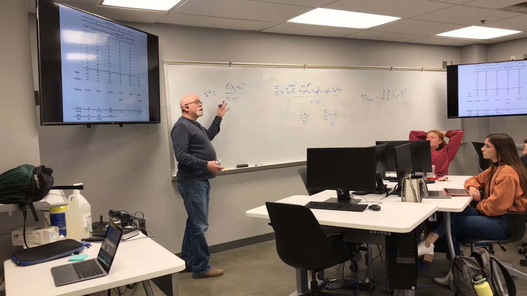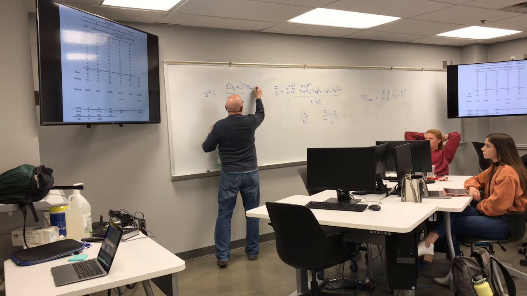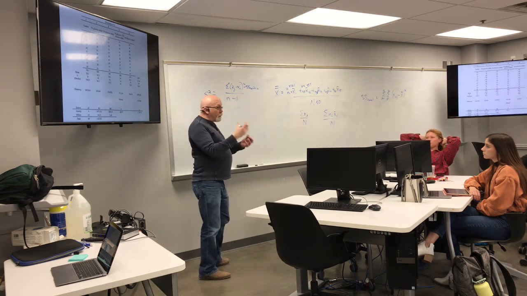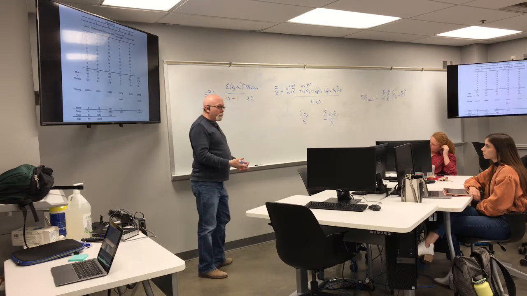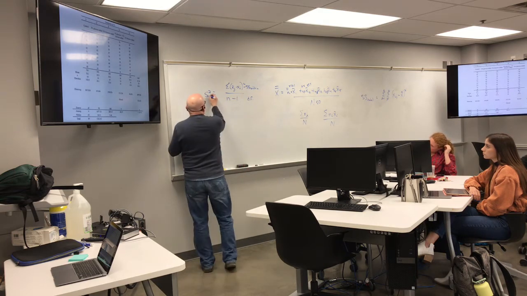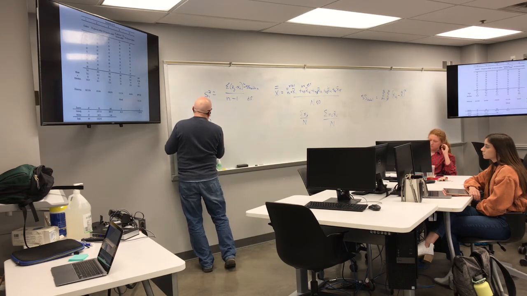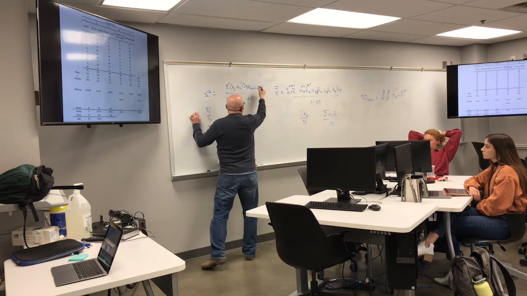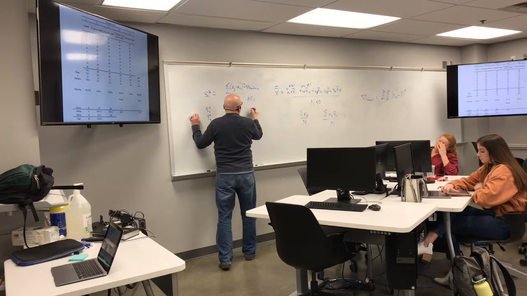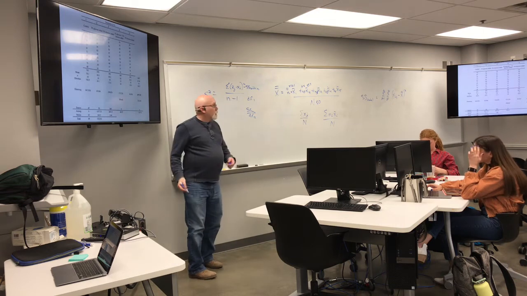This is within sample variance. So this is the sums of squares within for a particular sample divided by the degrees of freedom for that sample. Now if you have sample 1, sample 2, sample 3, sample 4, and sample 5, you have the sums of squares within for sample 1 divided by the degrees of freedom for sample 1, the sums of squares within for sample 2 divided by the degrees of freedom for sample 2, etc., etc.